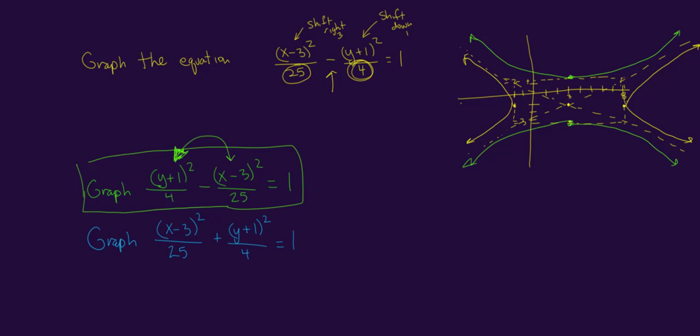And then finally, if you were fortunate enough to get the blue shape, which is why we usually like to do this one first, but for the purpose of this video I did it last, same shift, right 3, down 1, same shifts, same size changes, but with the plus, this is now effectively a squashed circle, right? Instead of having a radius, it now has different compressions along the two different axes, or stretches in this case.